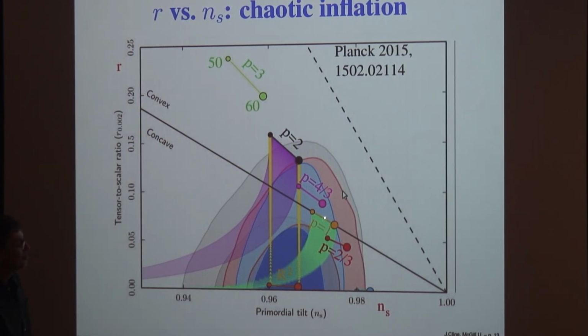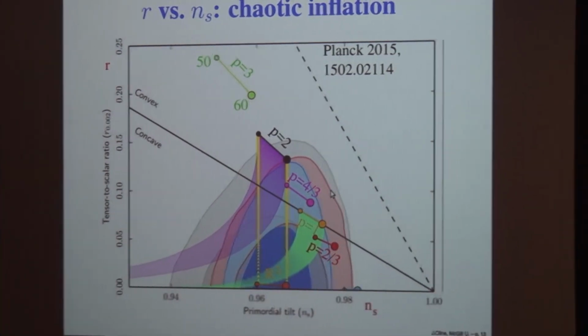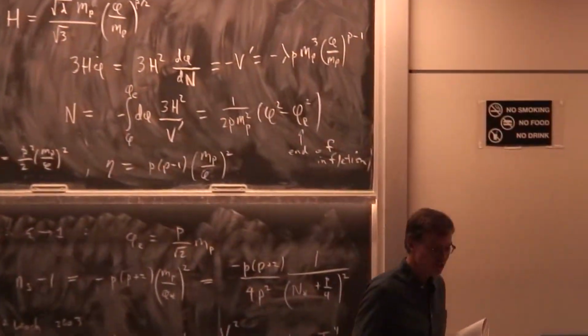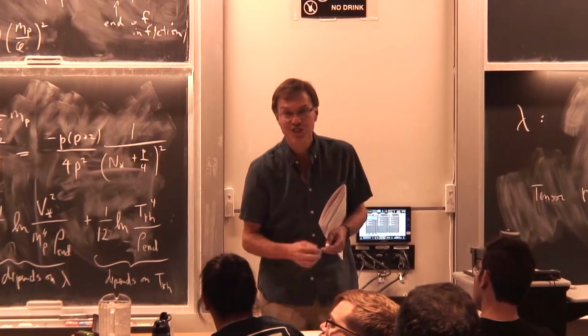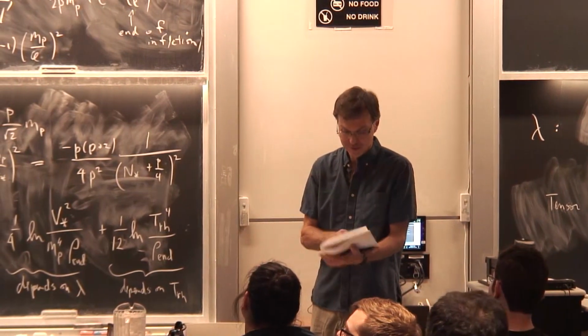And as you lower p, then it starts to become more consistent with the data. p equals 2/3, that might sound weird, but there's a string theory inspired model called axion monodromy inflation, which can justify fractional powers in general.